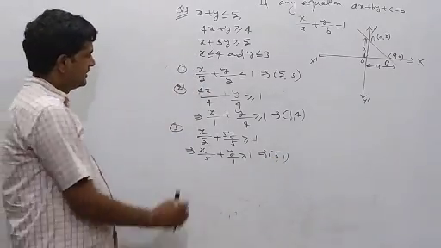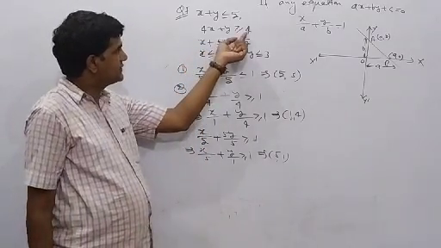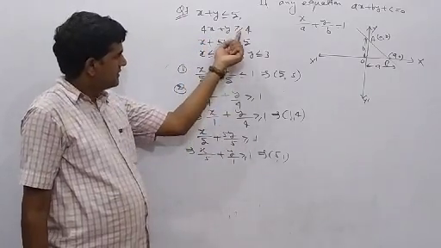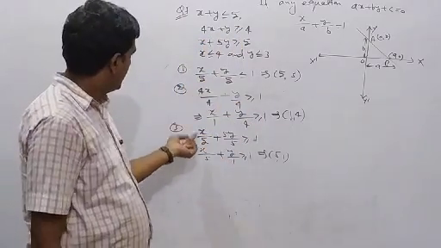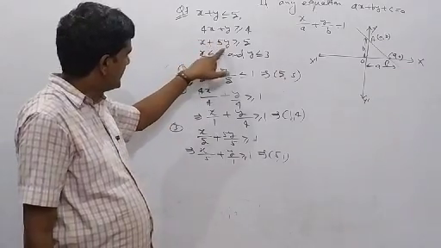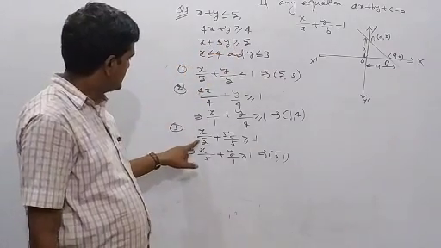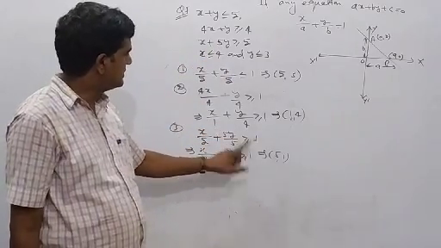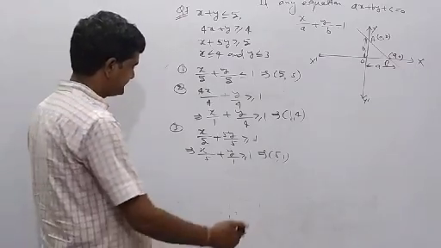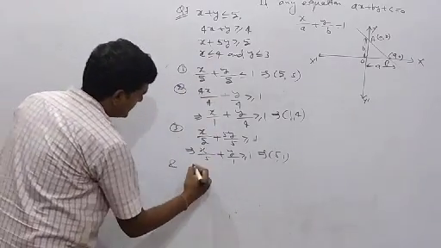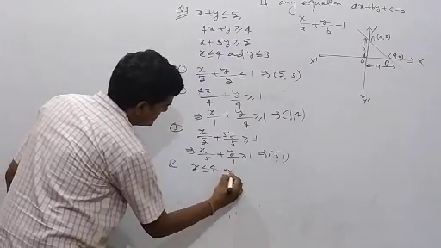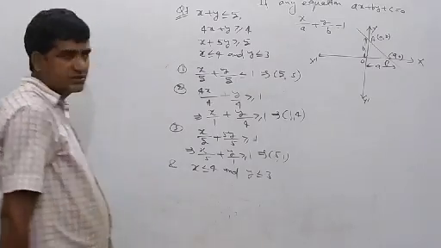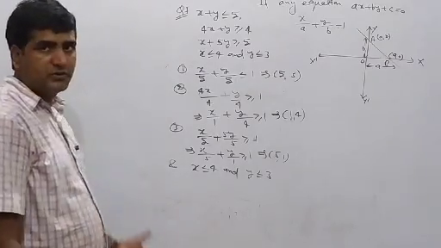Once more, when we divide by 5 on both sides, x plus 5y divided by 5 gives x by 5 plus y by 1 is more than or equal to 1. Understood? And here already given x is less than or equal to 4 and y is less than or equal to 3. Understood?